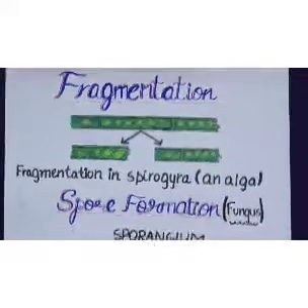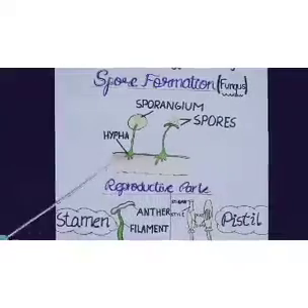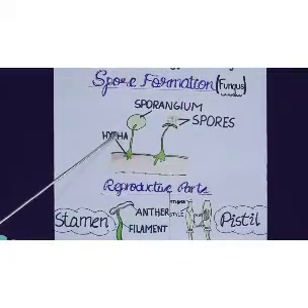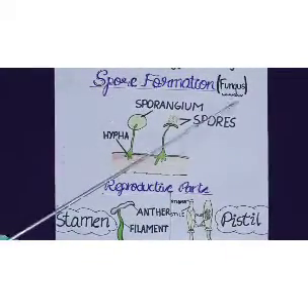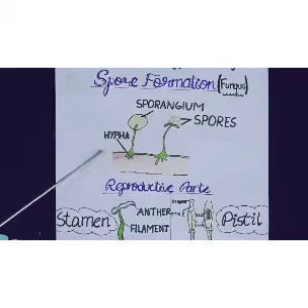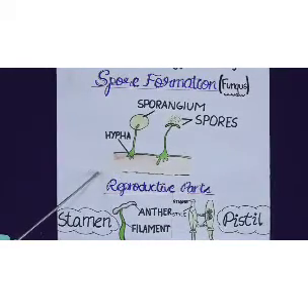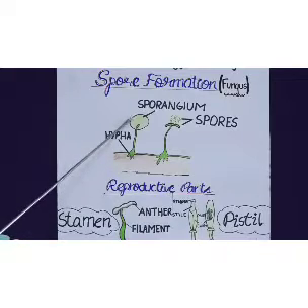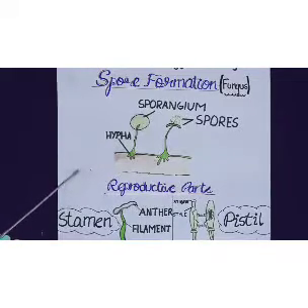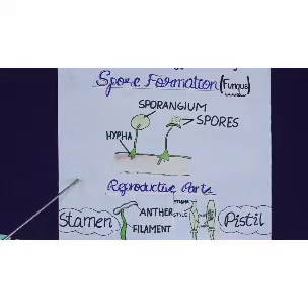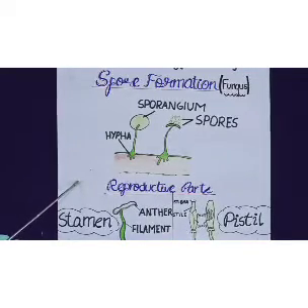The next process which we are going to explain now is spore formation, which takes place in fungus. The spores are asexual reproductive bodies. Each spore is covered by a hard protective shell to withstand unfavorable conditions such as high temperature and low humidity.